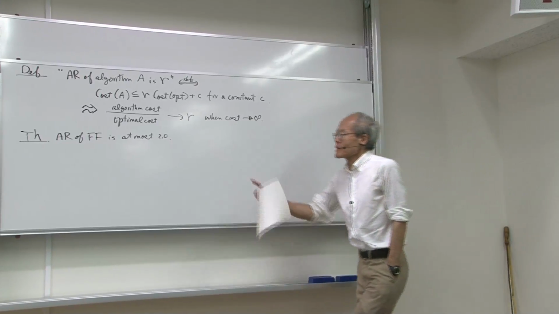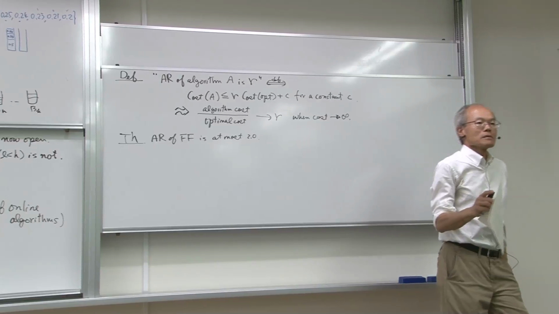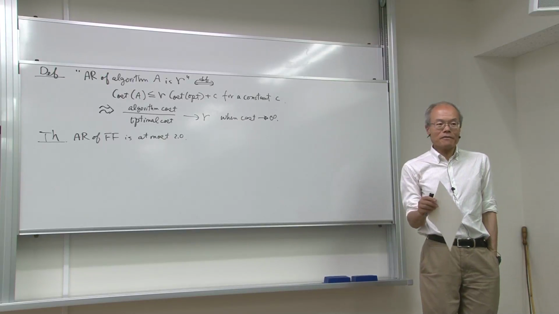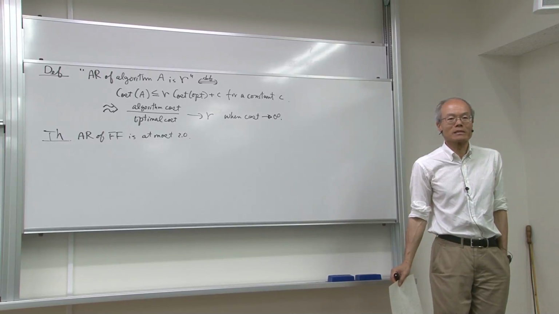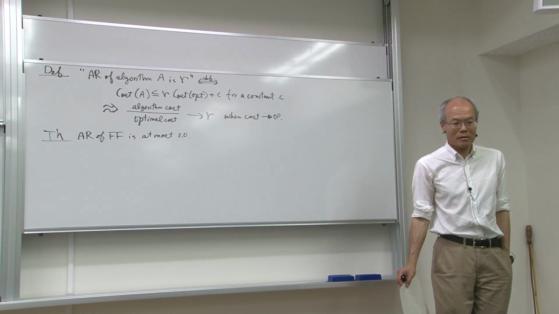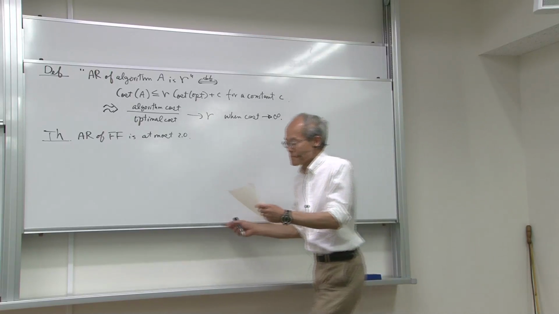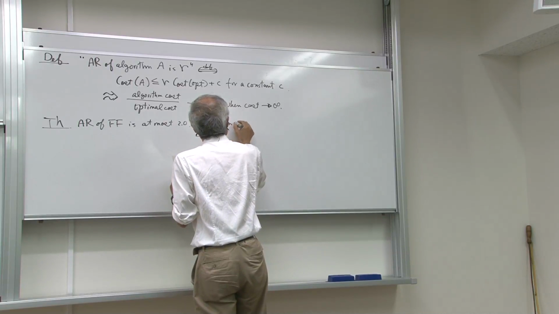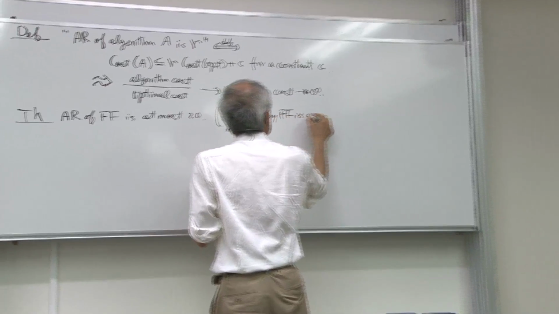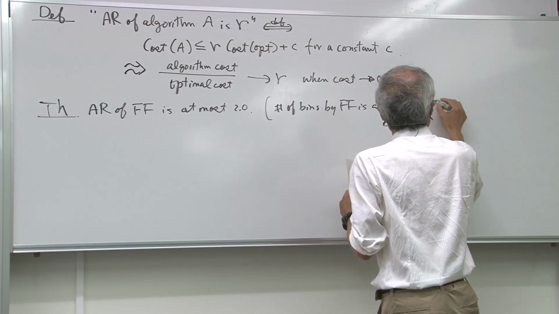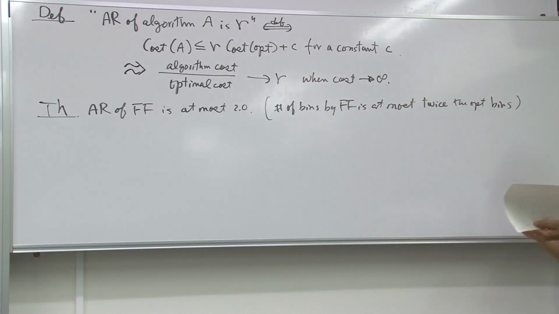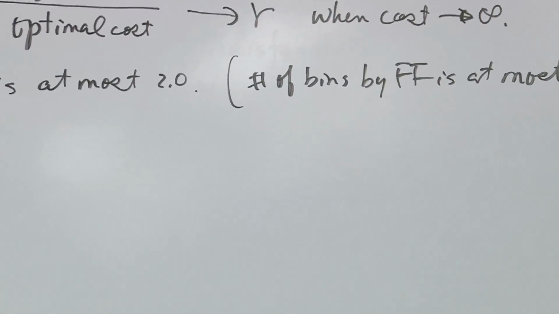That means the cost of FF, the number of bins used by FF, is at most twice the optimal number of bins.